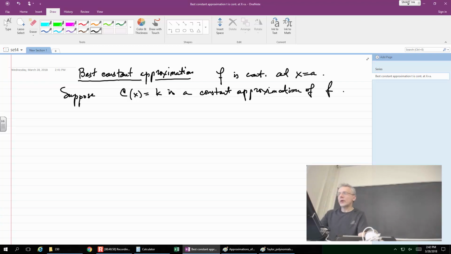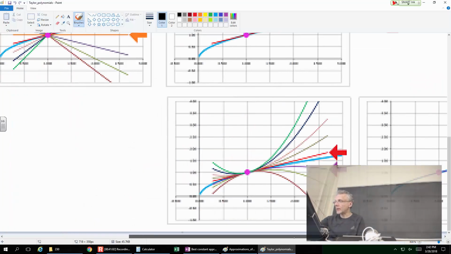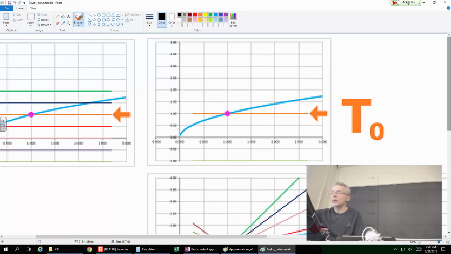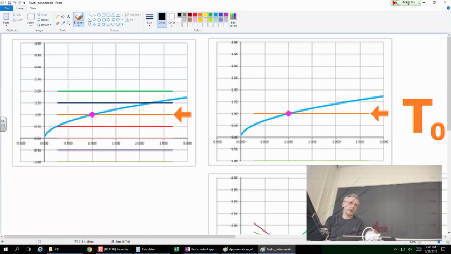So constant approximation meaning any constant function, the one that we just saw in the picture, in the very beginning here. So this is where we are. We're looking at all the possible constant approximations of the function.